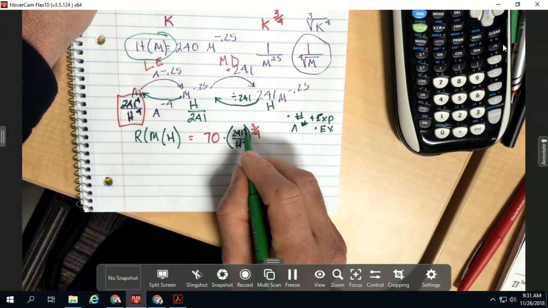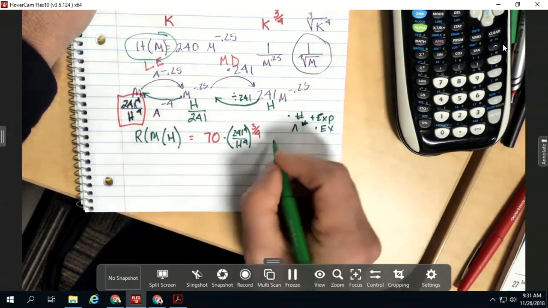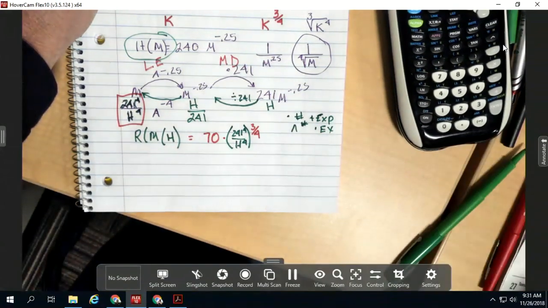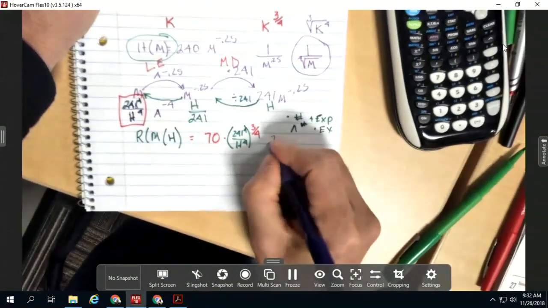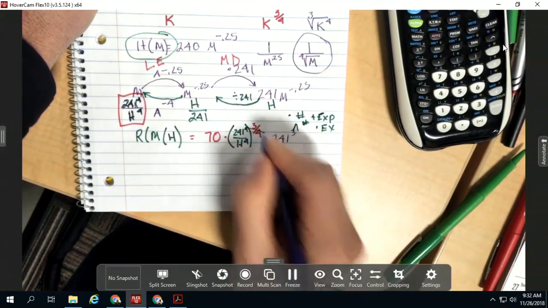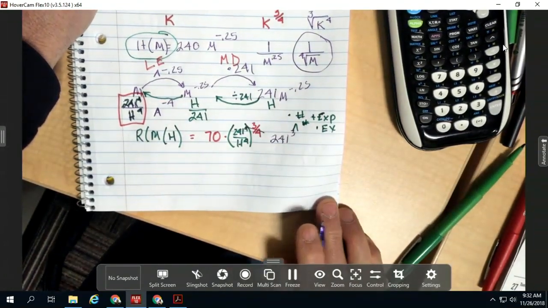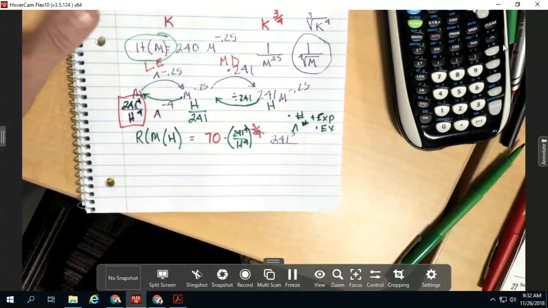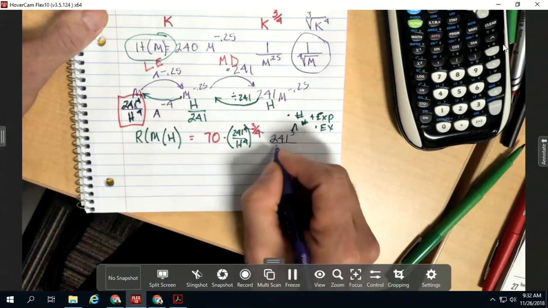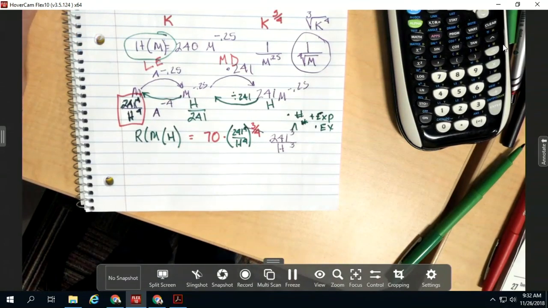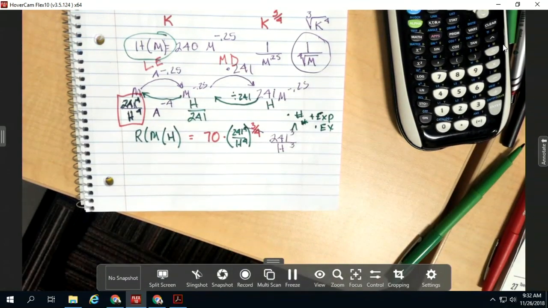So 241 to the 4th to the 3/4 is 241 to the 3rd, because the 4th here cancels the 3 there, over H to the 4th to the 3/4, which is H to the 3rd.